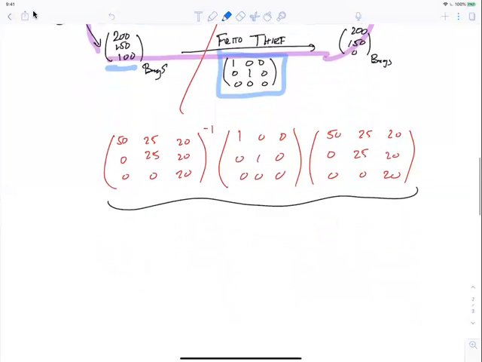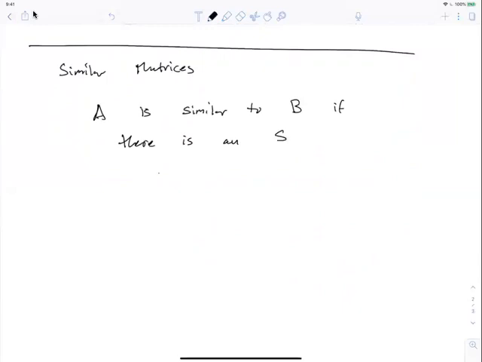All right, so let's go into what a similar matrix is. A is similar to B if there is an S with A equals S B S inverse.